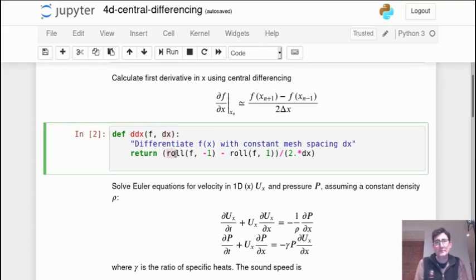This uses the NumPy roll function, which shifts every value in f 1 point to the left or 1 point to the right, depending on the sign, so -1 or +1. If you play around with this function a little bit, putting an array into roll, you'll see that this is basically f at n+1, and this is f at n-1. And so this is the central differencing formula up here, with this constant dx as delta x.